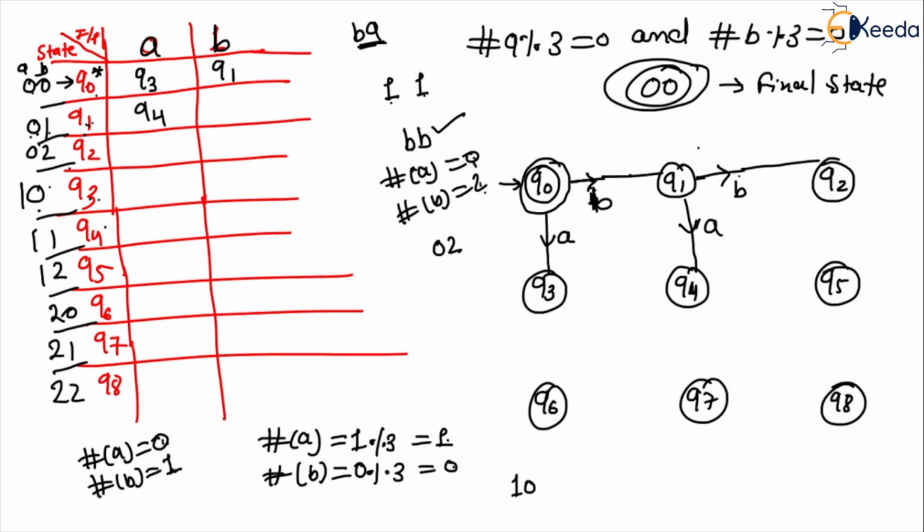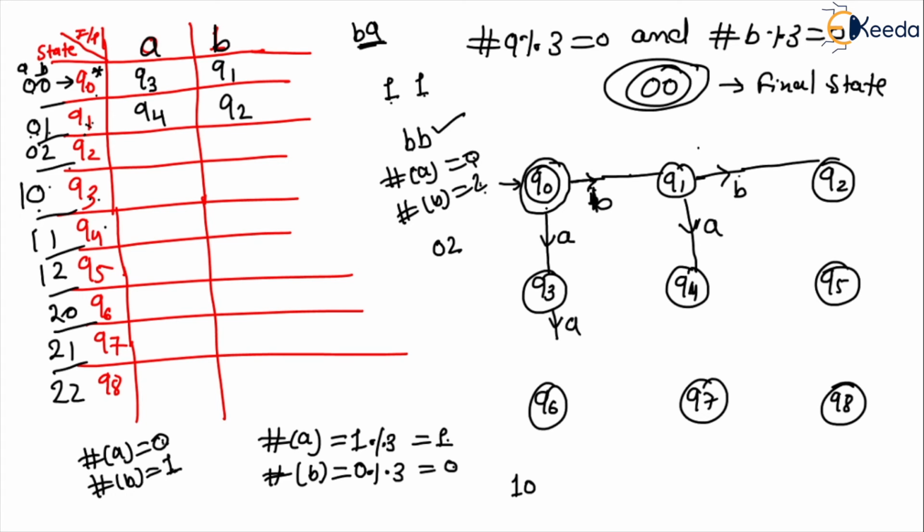Got it? Now, in exactly the same way, the input of A and B both are done on Q1 state, B, that is Q2. Just see here for the Q3 state, if we apply the input A, what happens?